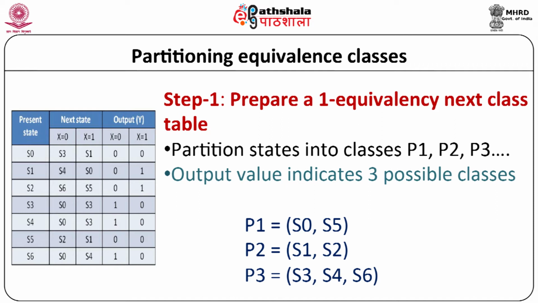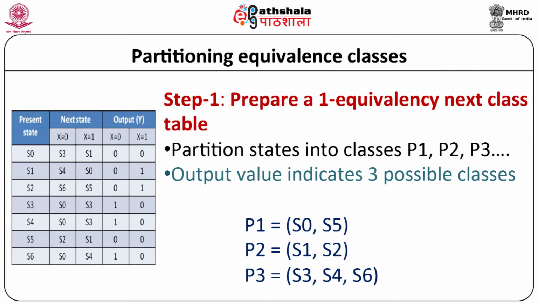For this, partition the states into classes, say P1, P2 and so on, so that the group or class members will have the same input and output values. Let us look at the state table and find out states where outputs are the same for the input x values. There are three classes possible.